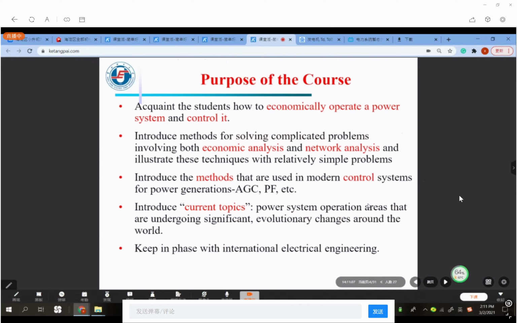I will also introduce methods for solving complicated problems involving both economic analysis and network analysis, and illustrate this technique with a relatively simple problem. For example, I will teach you how to use power flow analysis and economic dispatch to analyze the system operating status.